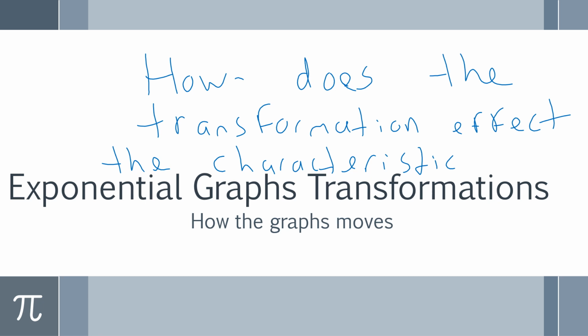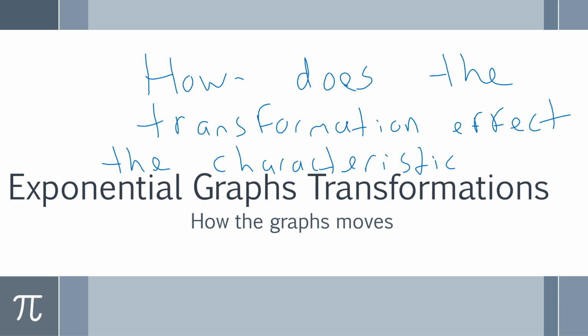Again, in this little segment, the question that you have to keep in mind is how does the transformation affect the characteristic? When you do these transformations, think about the x-intercept. Think about the domain, the y-intercept, domain, range, asymptote. And let's figure out how that transformation affect those characteristics.